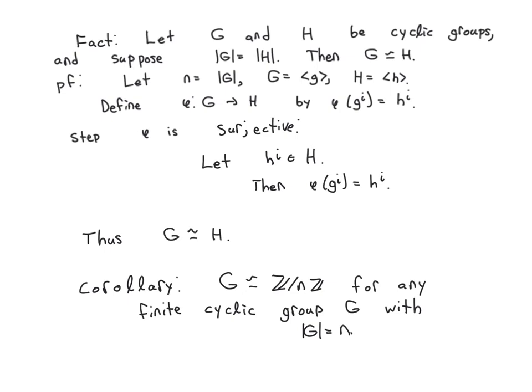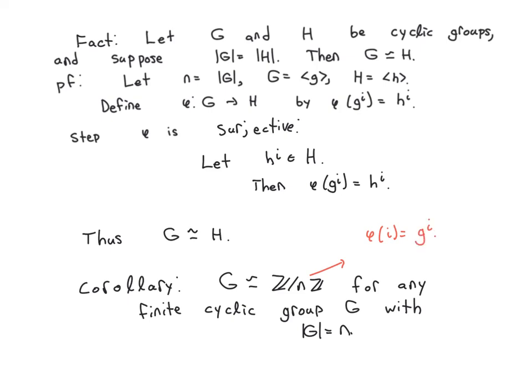As a corollary, a natural choice of H would be Z mod nZ. So in particular, every cyclic group is isomorphic to Z mod nZ, and vice versa. This particular map, the homomorphism, would have just been given by sending i to g^i, by the way.